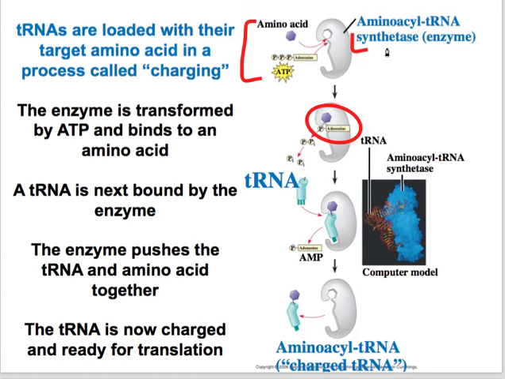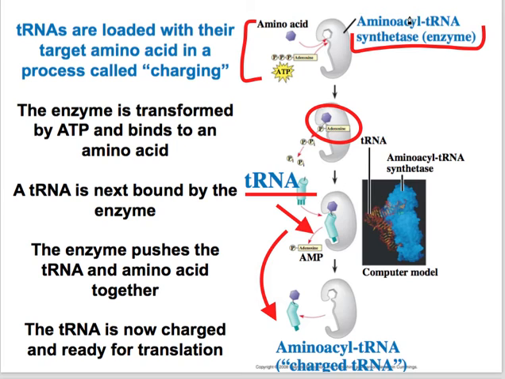Sorry, this is the enzyme right here. The tRNA comes later, sorry. This enzyme takes in the amino acid and the ATP, it charges it up and it has it ready. Then the tRNA itself comes in, attaches to the amino acid, and then leaves.